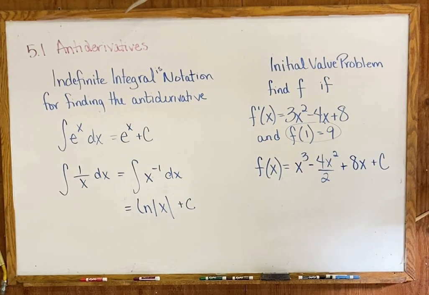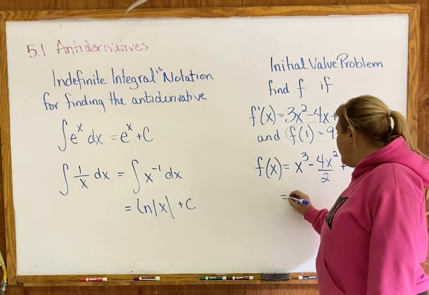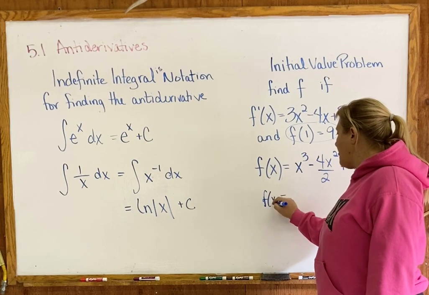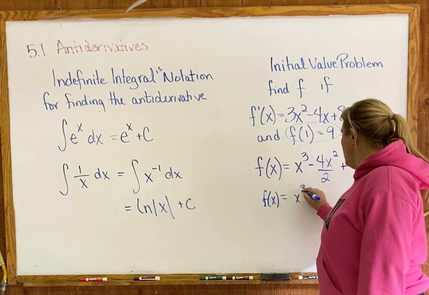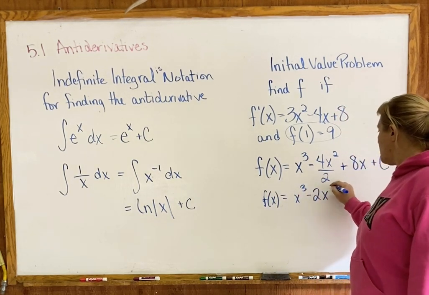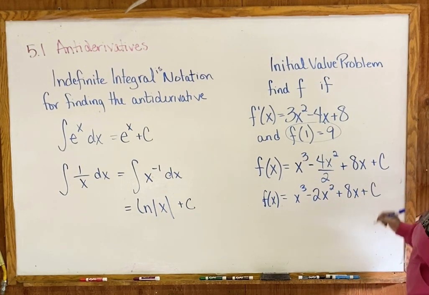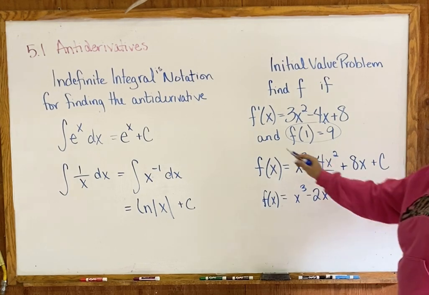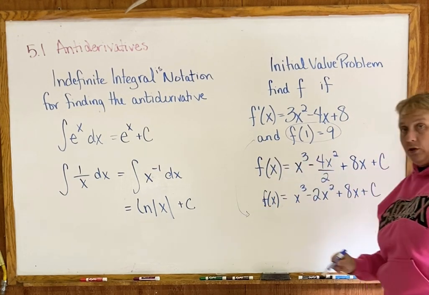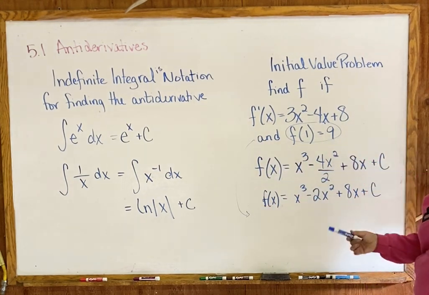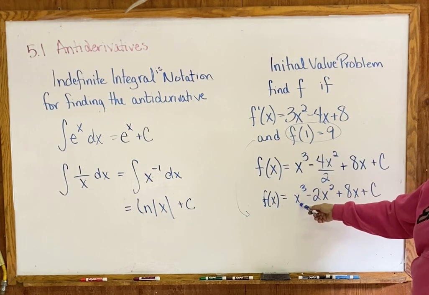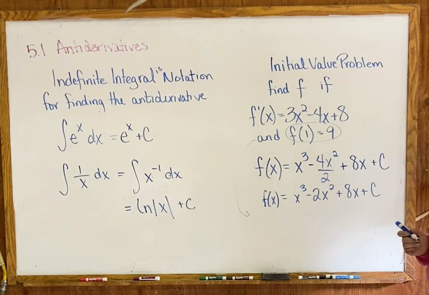Okay. Now, we have more to do with this guy, so we want to do some simplifying here. So we've got f of x is x cubed minus 2x squared plus 8x plus c. Okay, now we are going to use this initial value. We know that in the original function, when x was 1, the answer is 9.